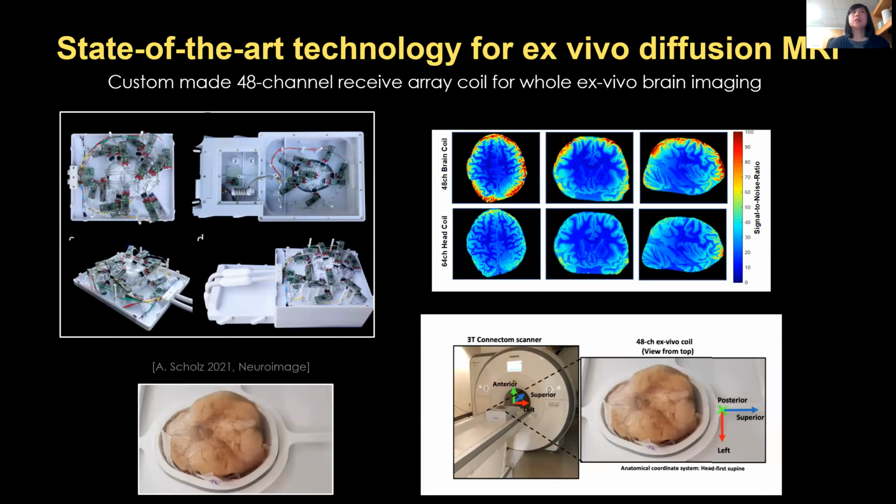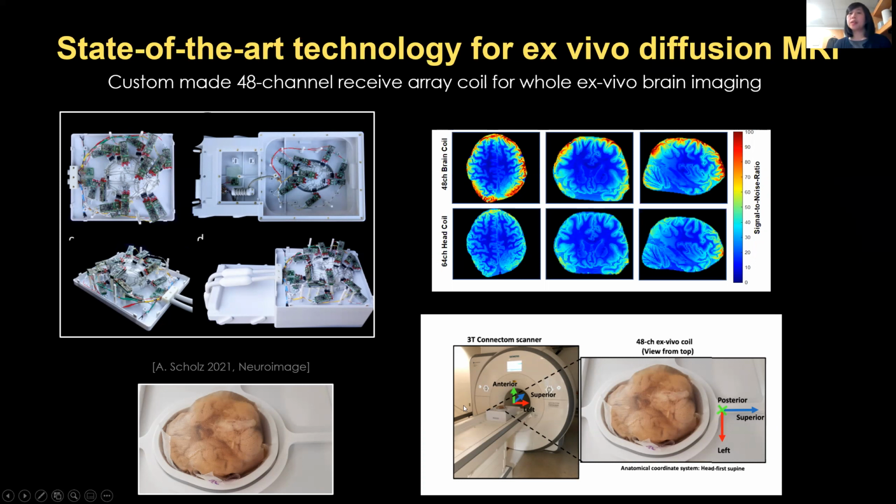So for our ex vivo validation efforts, we are leveraging state-of-the-art technology that we have in-house here, and that will be seamlessly transitioned over to the next generation scanner. So currently on our Connectome scanner, we have a custom-made 48 channel receive array coil for whole brain ex vivo imaging, and it really provides very nice, very high sensitivity, particularly on the cortex.